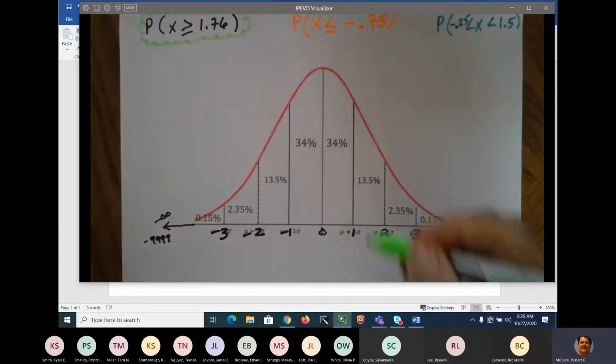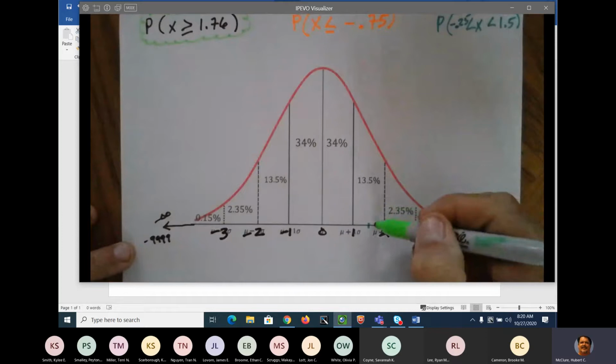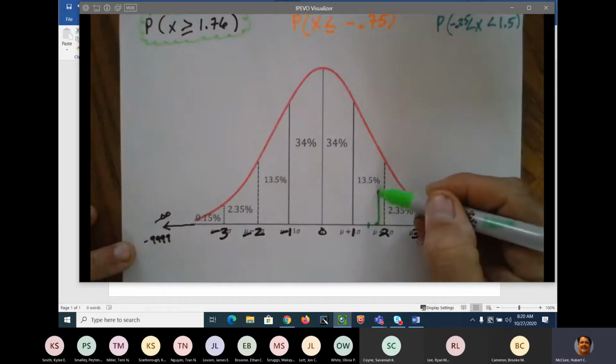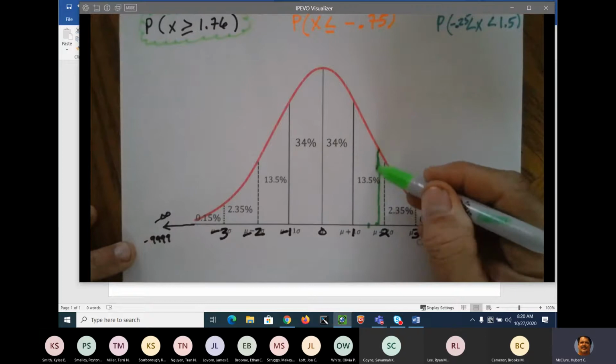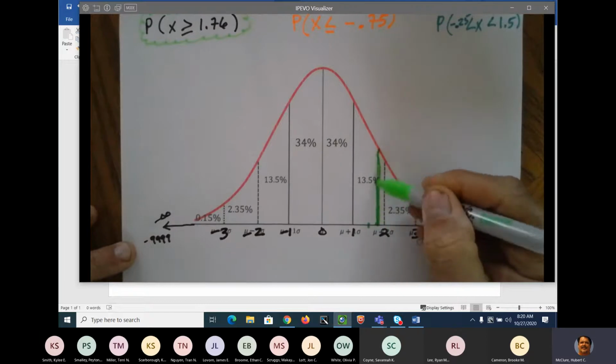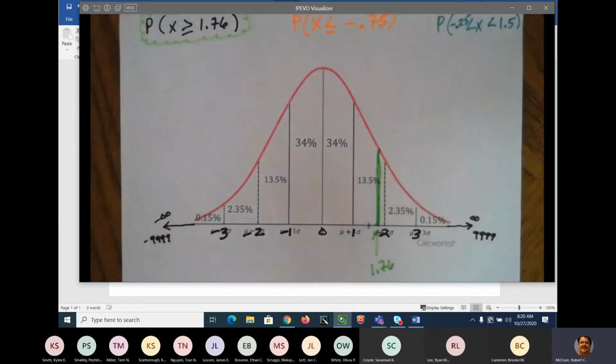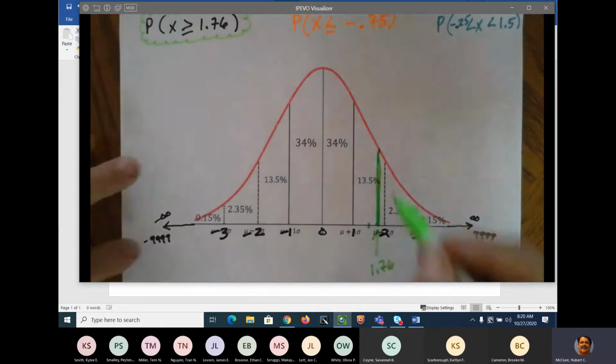There's 1.5 right there. So 1.75 would be right there. So 1.76 would be a little bit to the right of that dot. And we want the area above 1.76.